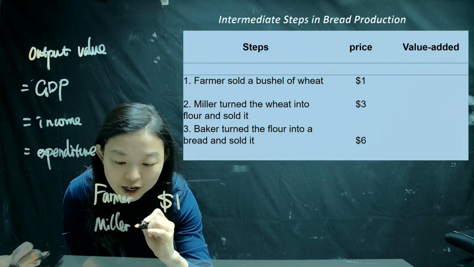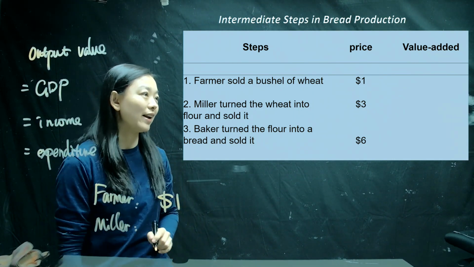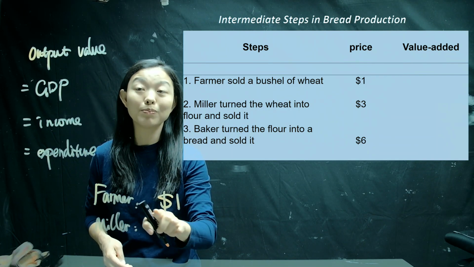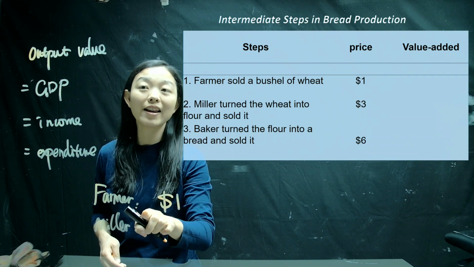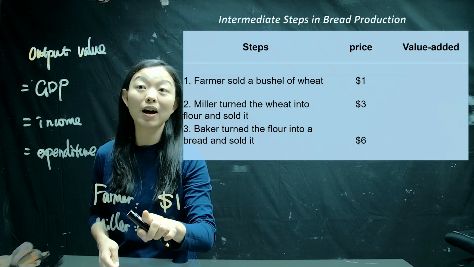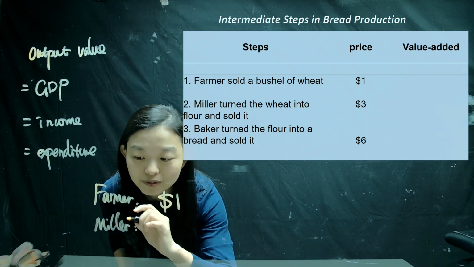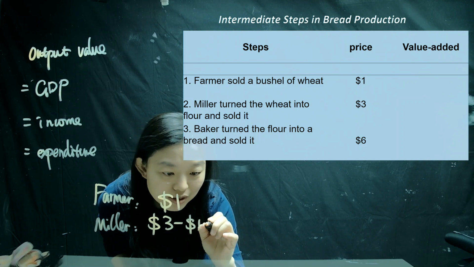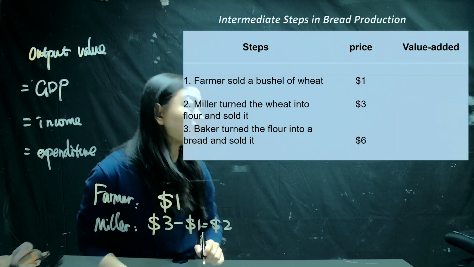For the miller, can you tell me what's the value added? The miller spent $1 to buy the wheat, right? And then sold the flour at $3. So the miller's value added is $2, right?